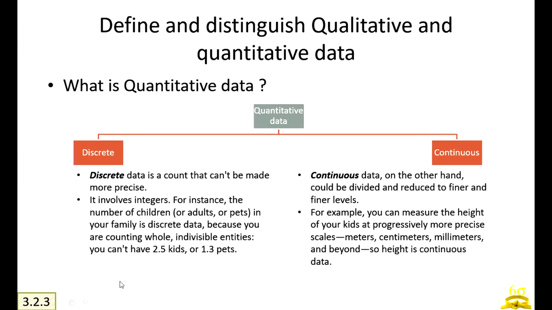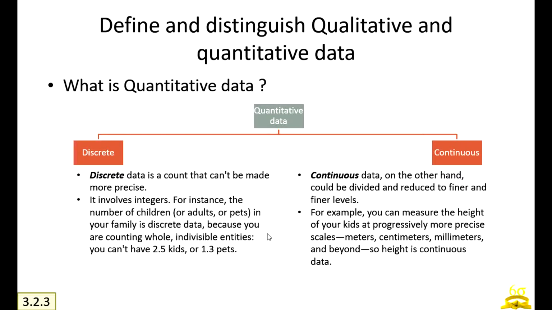The answers can be 1, 2, 3, 4, 5, 6. It cannot be 1.5. You cannot have 1.5 children, right? So discrete data cannot be divided further. It can be whole numbers like 1, 2, 3, 4, but this is made up of continuous data.